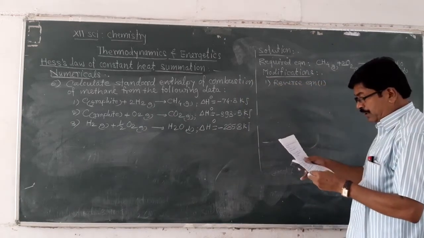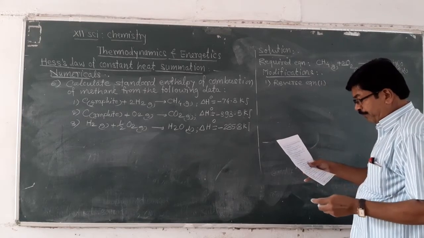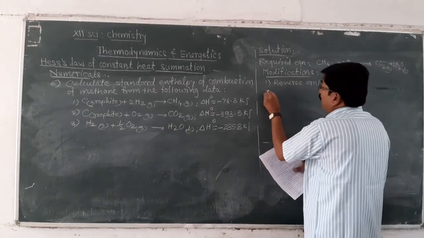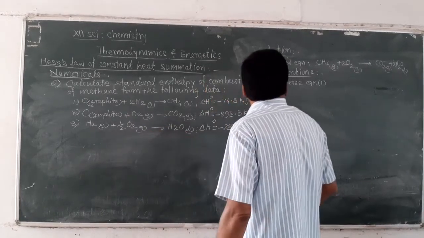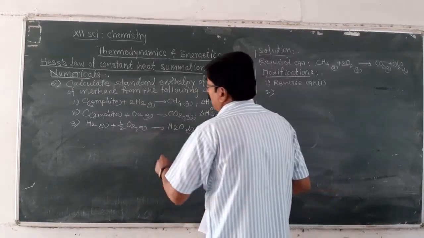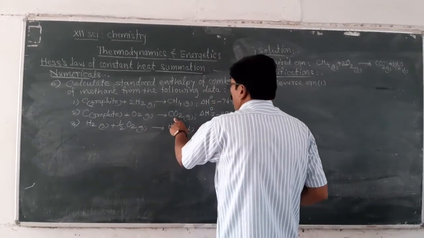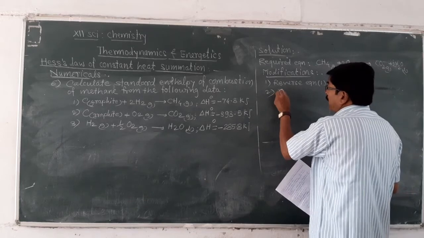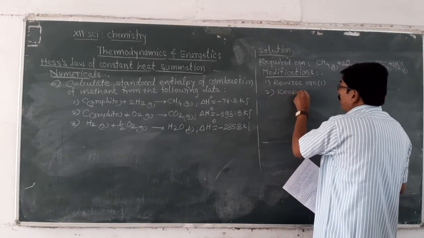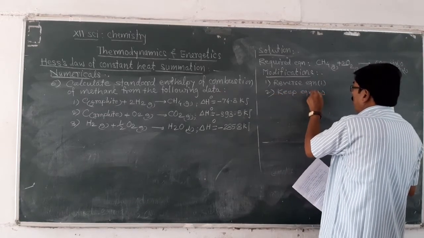This is the modification. Second, we want CO2 on the product side. In the second equation it is present on the product side. Therefore keep equation 2 as it is.